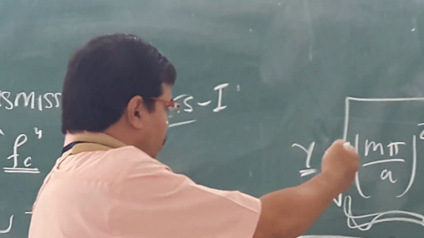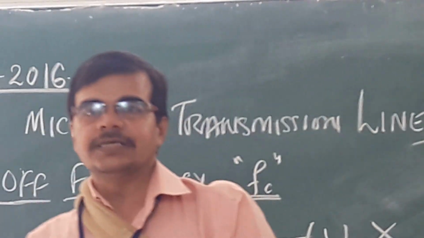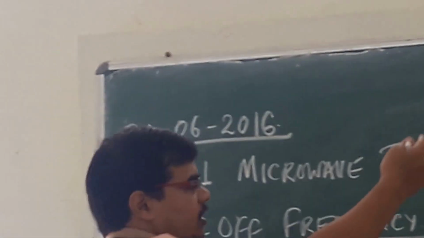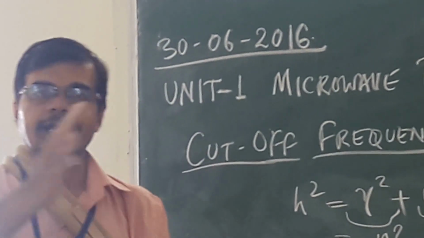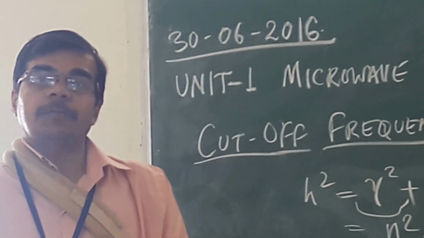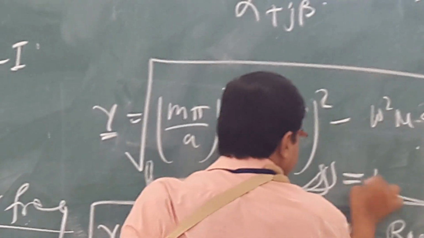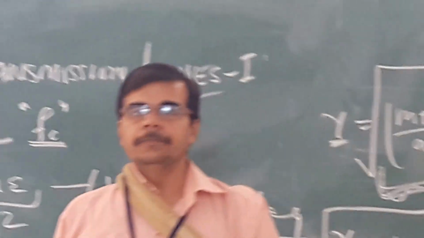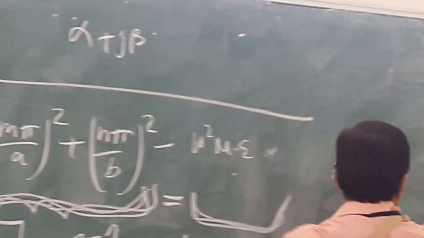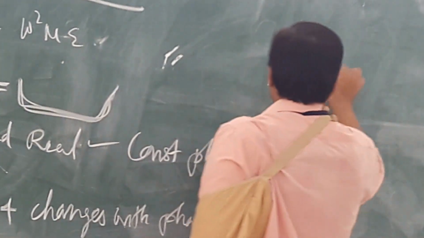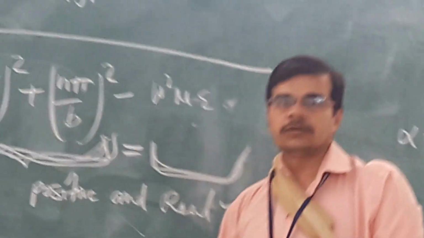So we are discussing about low frequency, high frequency. Means in first case greater than, in second case less than. So greater than, less than means there may be some other option where we can say that this term is equal to this term. Okay, so your alpha is equal to your j beta.